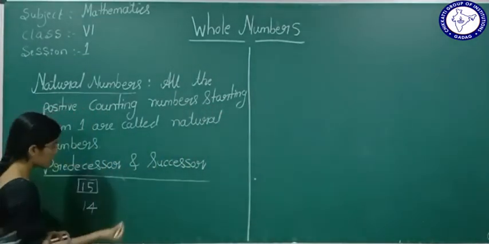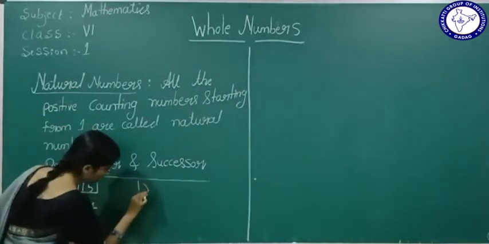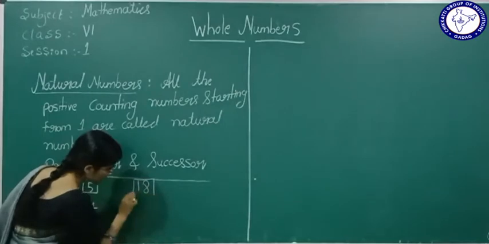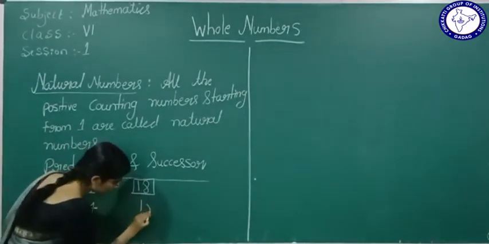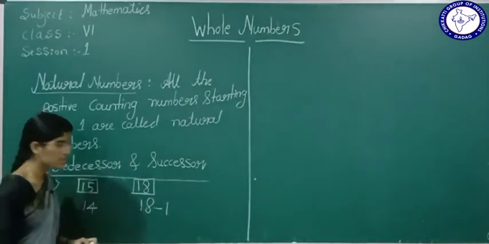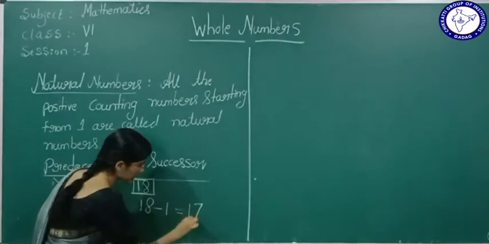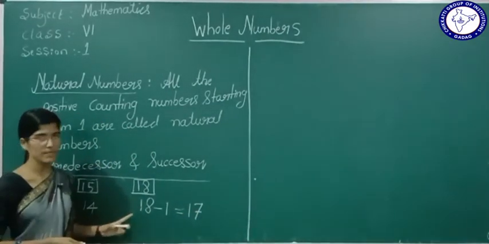Okay. Now I ask you, what is the predecessor of 18? What you have to do? 18 minus 1. You have to subtract 1. Yes? That is 17. 17 is the predecessor of 18.